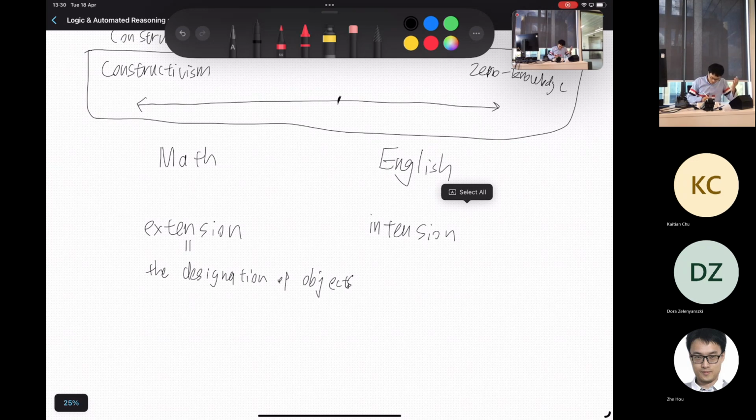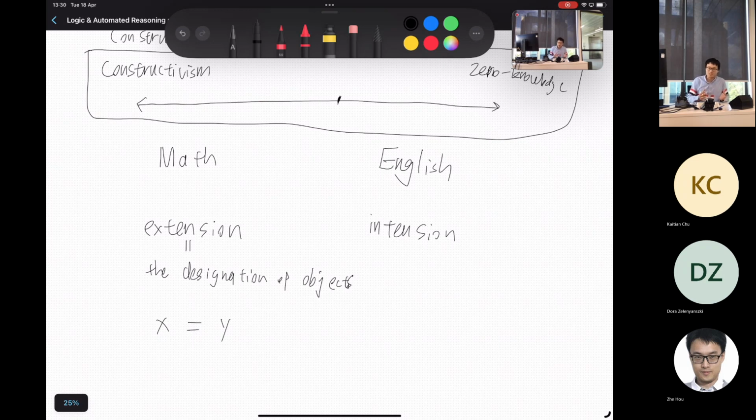Something equals something. Right. What an equation really means is that the left-hand side and the right-hand side designate the same object. That's what an equation means. So that's the reason why mathematicians decided this is what mathematics is: extension.